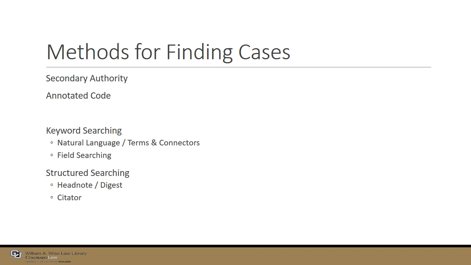For keyword searching, we mean, of course, running a search either as a natural language search or terms and connector search, and presumably running those searches within fields when you do searching within the database itself. Structured searching means that someone else essentially has identified the cases for us through some means. Those means are a head note and the digest that head notes are a part of, and also through a citator.